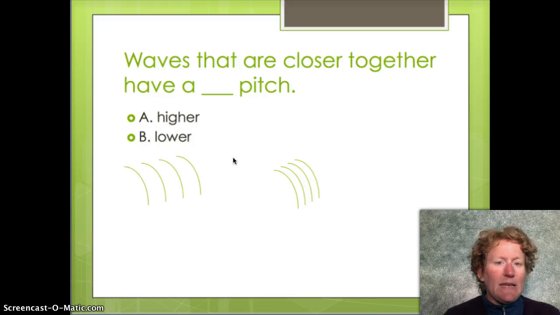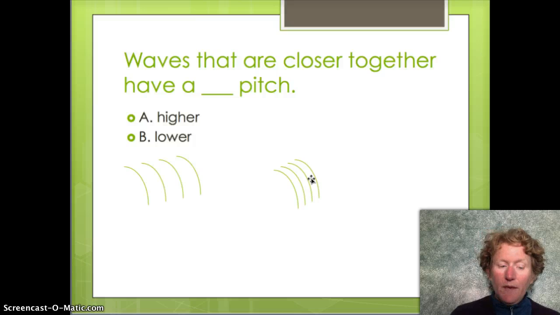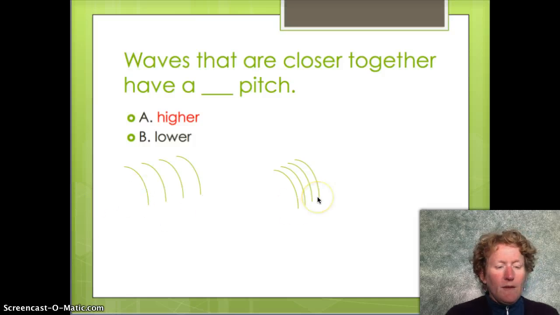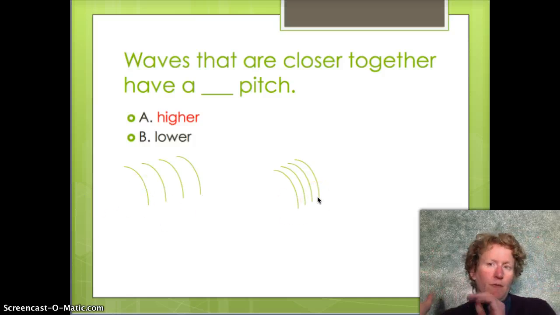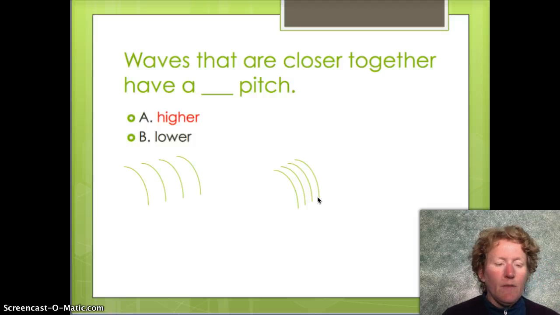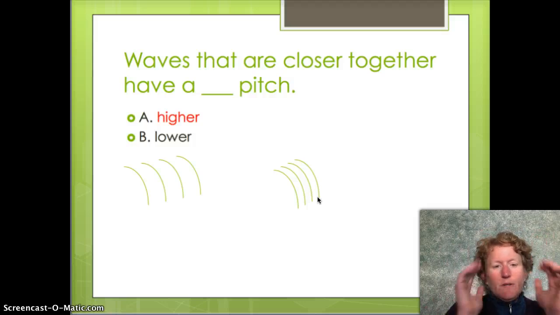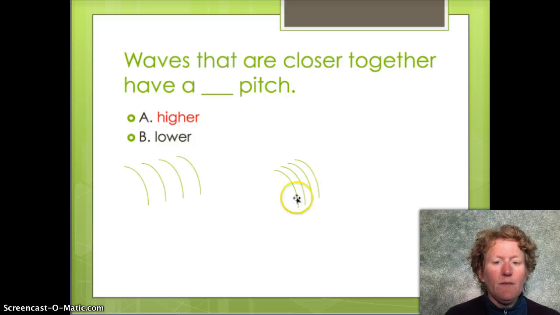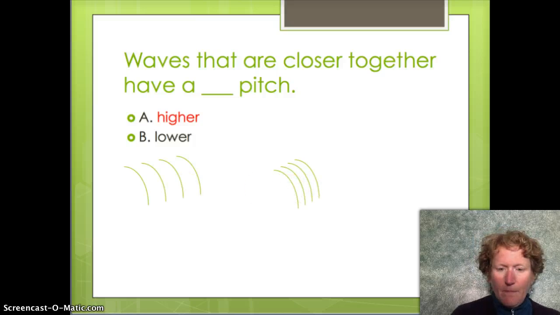Waves that are closer together have a higher frequency, and we hear that higher frequency as a higher pitch. As in the Doppler effect, when things are out ahead of the moving object, waves are compressed, closer together, and we hear that as a higher pitch.